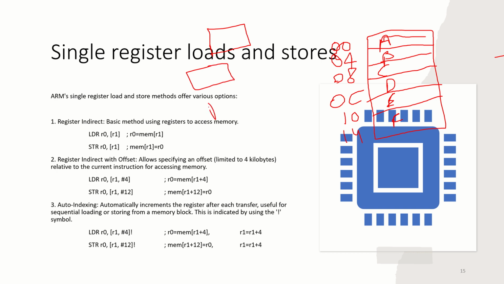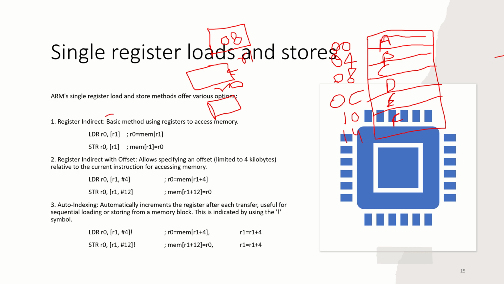So this is R1. Now if we want to access this content, suppose I want to store C into this register, R0. What do we have to do? First we have to store 08 inside R1.